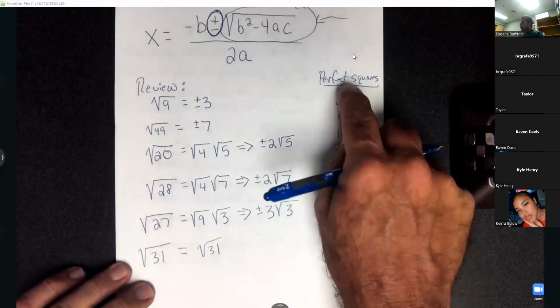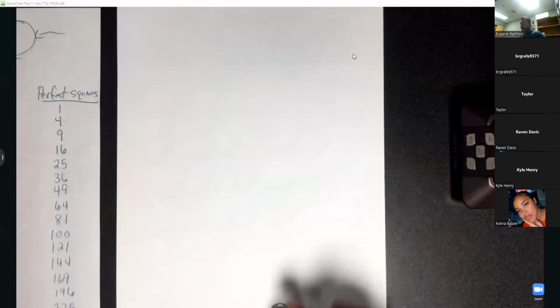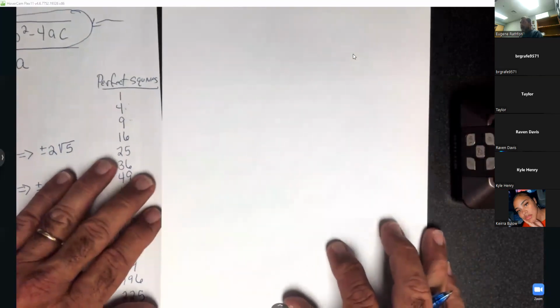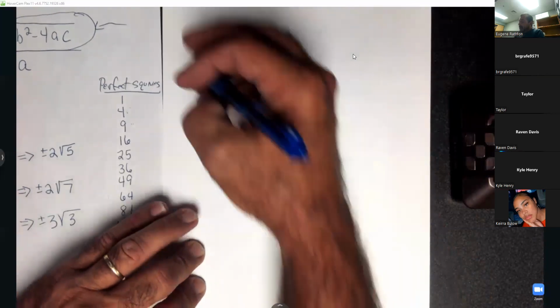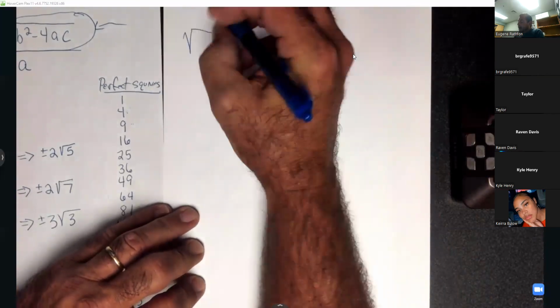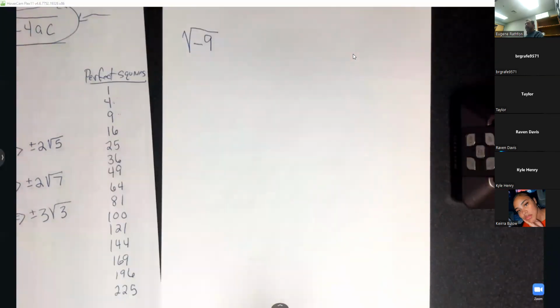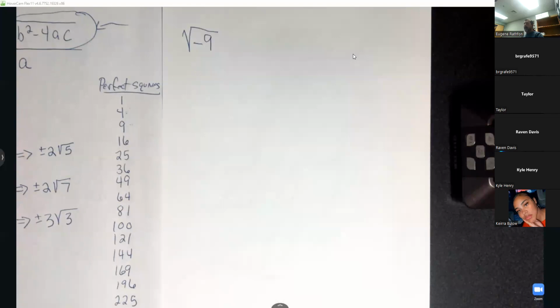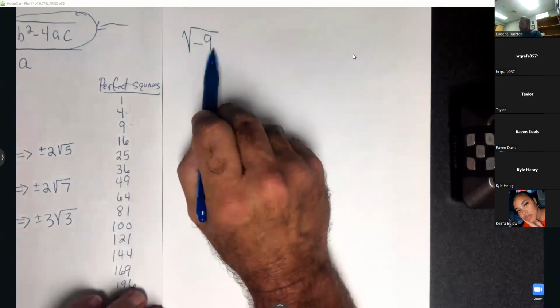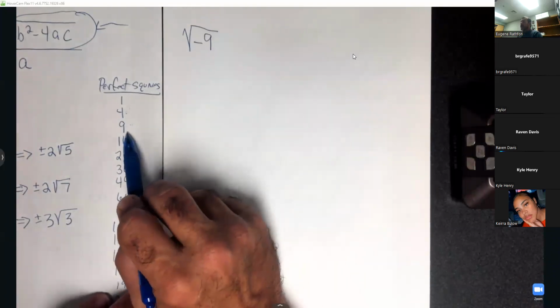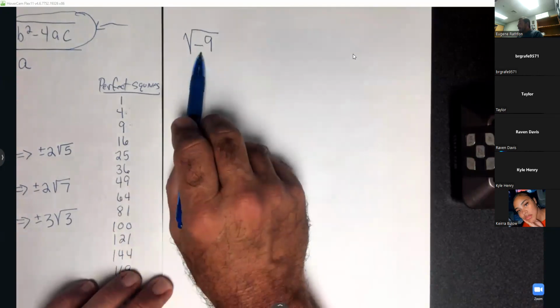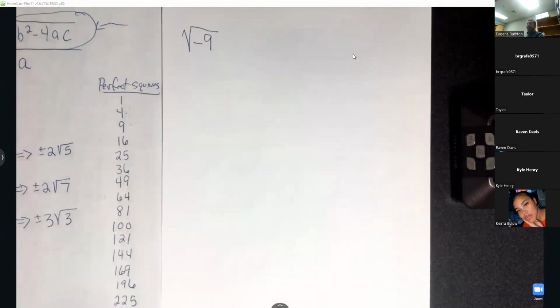All right, y'all. So remember these numbers I'm about to ask y'all. What about the square root of a negative 9? Now, 9 is a perfect square, but y'all, negative 9 isn't.